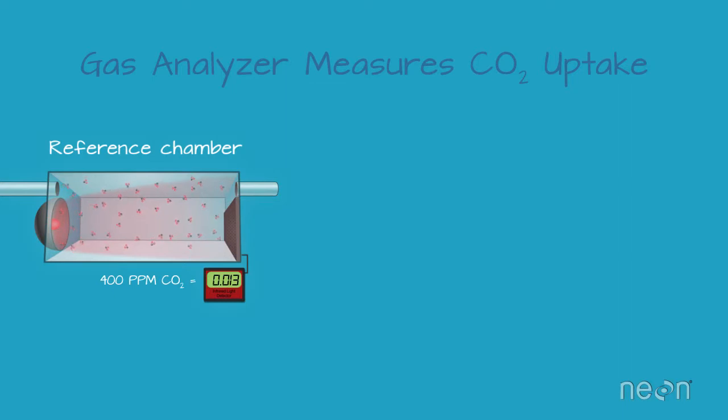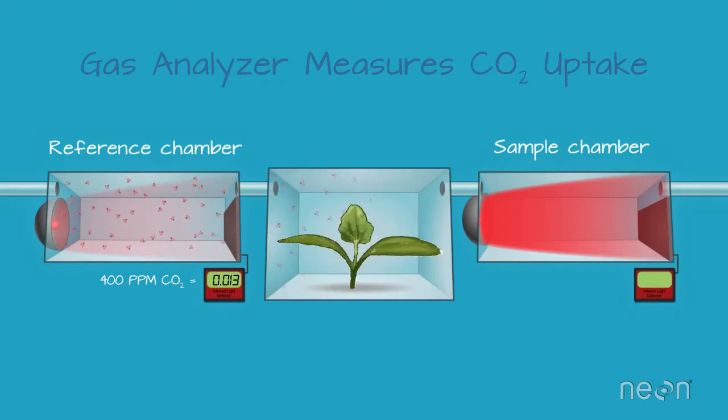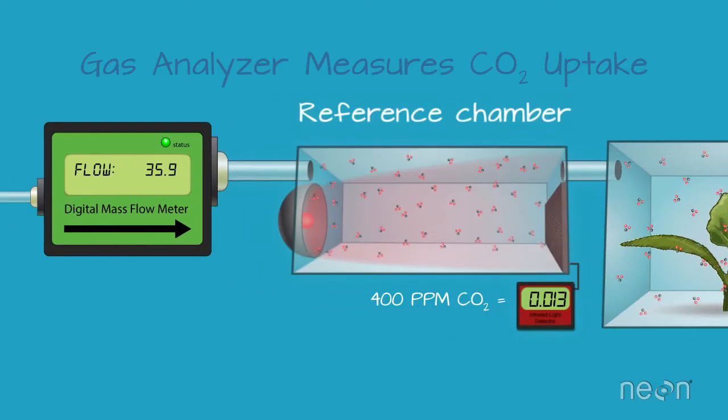Next, add a second sample chamber on the right. Air flows from the reference chamber to the chamber with a leaf in it and into the sample chamber. The sample chamber uses an infrared light detector to measure the amount of CO2 in the air after the leaf absorbs what it needs to grow. We can control the volume of air moving through the chambers using a flow meter, so we know how much air is in each chamber.